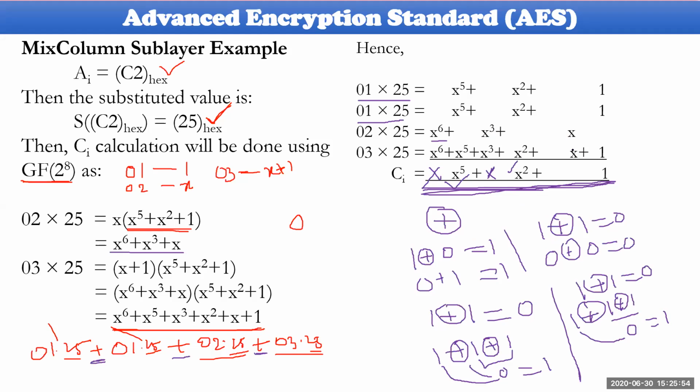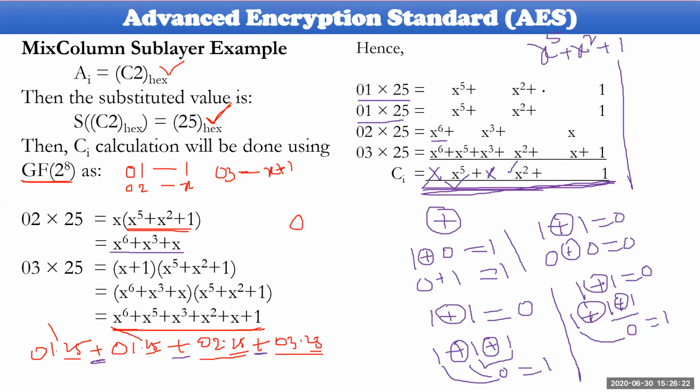So x XOR x will be equal to 0, because 1 XOR 1 equal to 0, so here we don't have any value. Then 1 XOR 1 is 0, 0 XOR 1 will be equal to 1 here. So finally we got the output x to the power of 5, x square, plus 1 here.